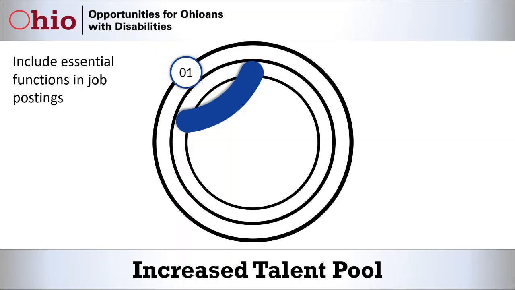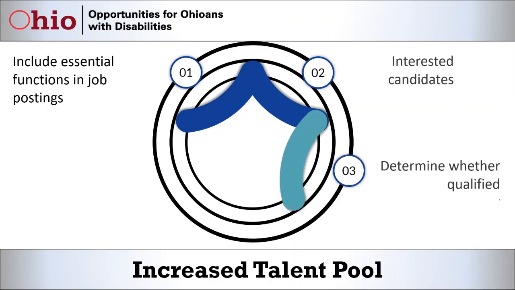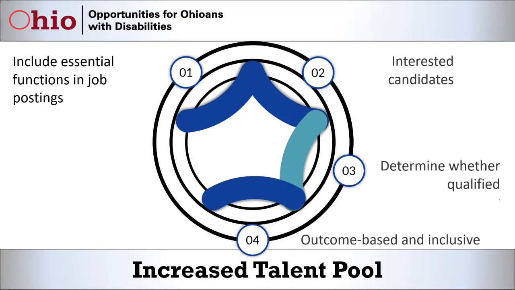Sure, Dustin. Finding the right person for the job begins with recruitment. It's helpful to remember that candidates who are interested in your jobs will determine whether they're qualified partly based on the essential functions you include. When you write these in a way that is outcome-based and inclusive, a candidate with a disability who can achieve the outcome of the essential function in a way that is not customary to how it's always done will know they are qualified and may apply for the job.